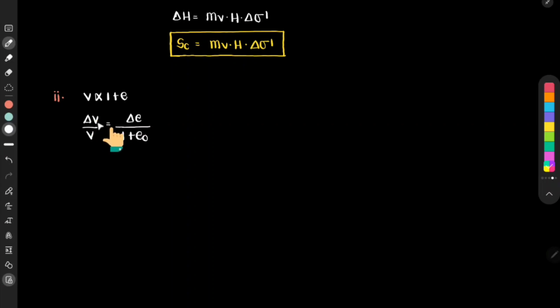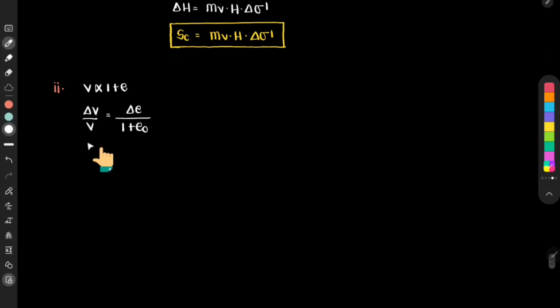So delta V by V is equal to delta E by 1 plus E naught. We can write it as delta H by H equals delta E by 1 plus E naught. Delta H is the settlement, so delta H is equal to H times delta E by 1 plus E naught.